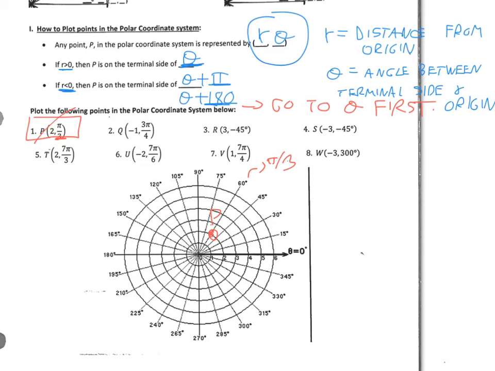Okay, the next one, this is where we're going to have a negative radius. Now let's first go to the angle. So the angle is 3 pi over 4, which is this right here. Right, that's 135 degrees. Now, if our radius was positive, what that would mean is the point would be here. Now think of it, it's saying the radius is -1. Now if this radius was +1, I would be, what, like right here?